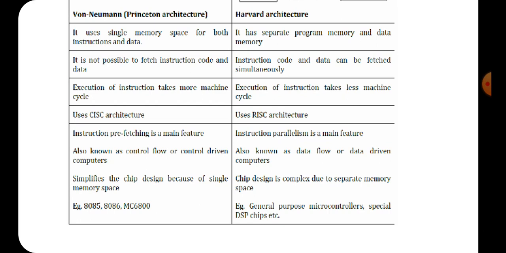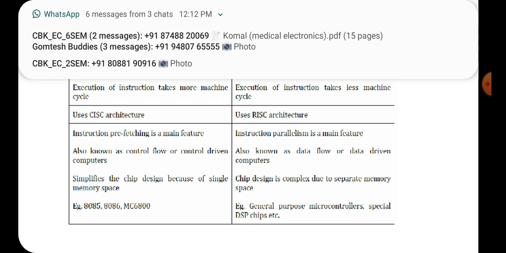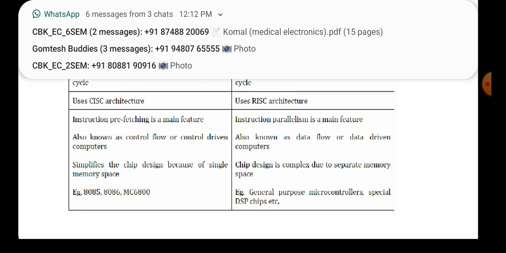Examples of Von Neumann architectures are Intel 8085, Intel 8086, Motorola MC6800, and the general purpose microcontrollers or special digital signal processing chips, which use the RISC architecture.